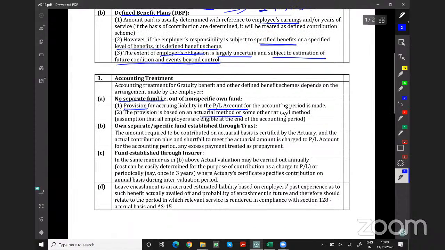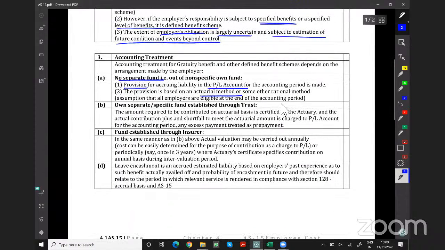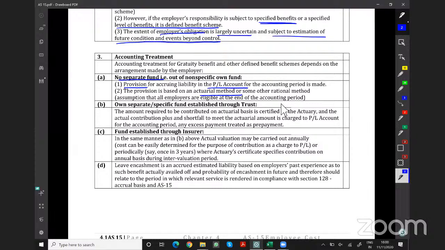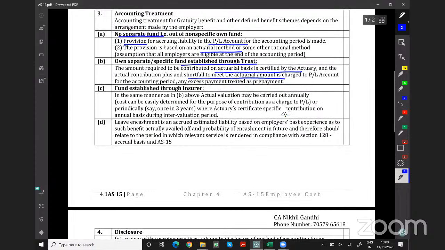Own separate or specific fund established by the trust. Established through trust. The amount required to be contributed on actual basis is certified by the actuary, and the actual contribution plus the shortfall to be met by the actuarial amount is charged to profit and loss account for the accounting period. Any excess payment is treated as prepayment. Means, in the second case, I will create a trust for my employees.